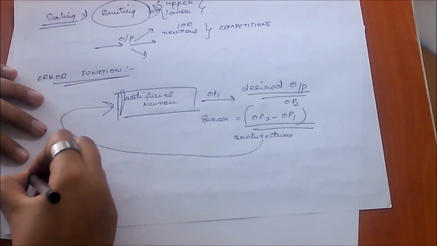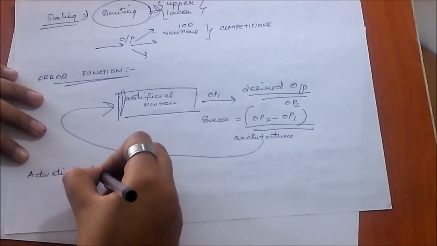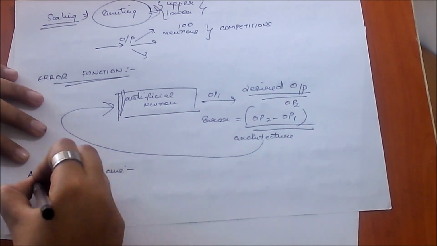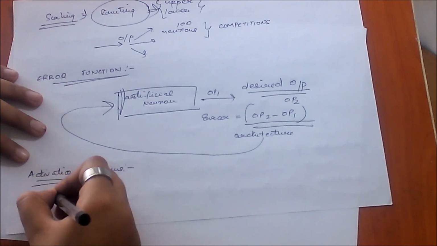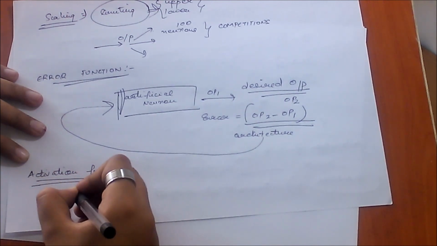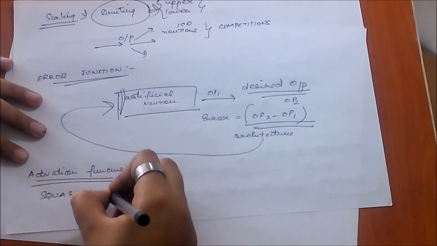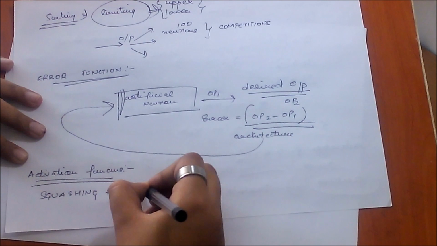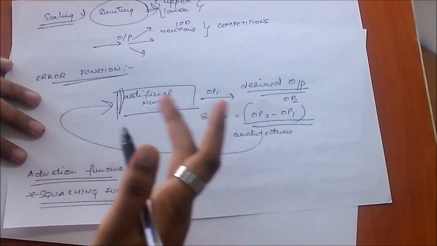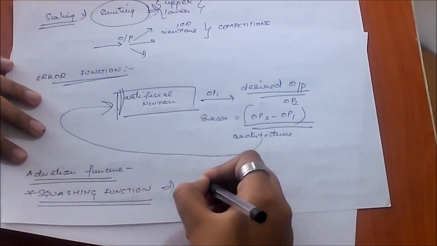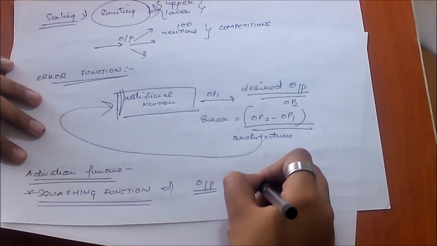Now we were talking about activation functions. Let us see what they are. The activation function acts as a squashing function, such that the output of a neuron in a neural network is between certain values.